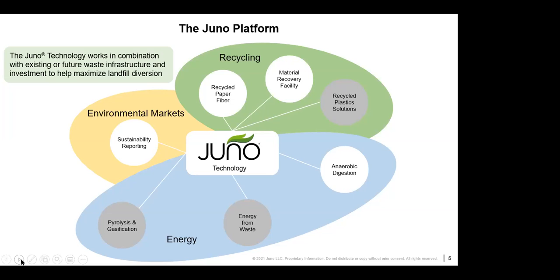The initial thought process was focusing on the fiber, and how we can increase the recycled fiber material that we're putting into the paper products that we're producing. But then as they went through the process, and I'll talk a little bit more about that, you've got MRFs that you can put on the back end. You've got anaerobic digestion that can be included. And then you also end up with some residues that can go to waste to energy.